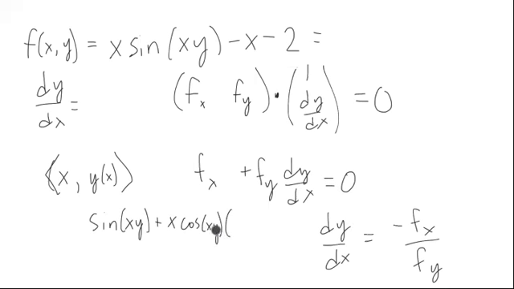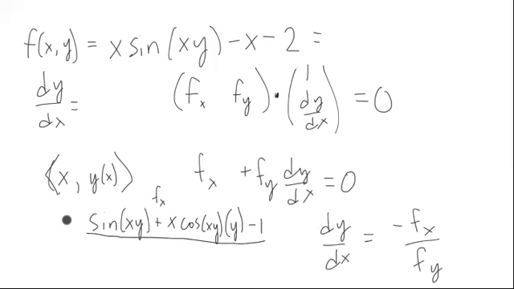That means y is a constant with the partial, because I'm just taking fx right now. So the derivative of xy is simply y. Then the derivative of the last term is just minus 1. That's what fx is.